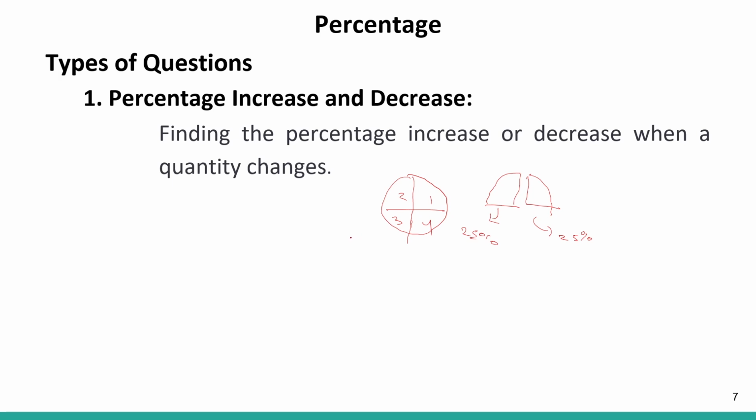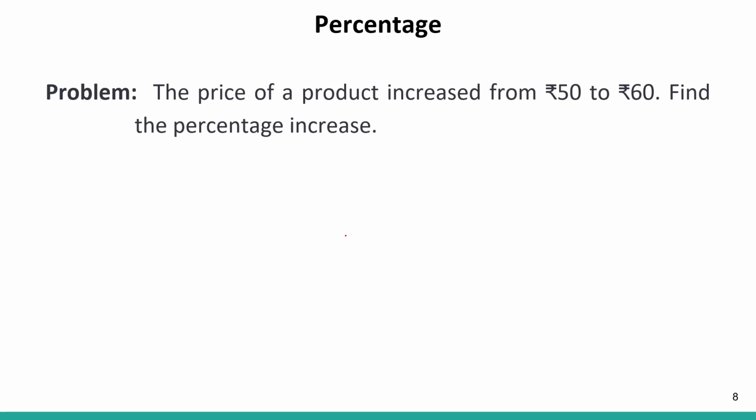So let's see an example on this, so we get a better clarity of thought. The price of a product increased from 50 to 60. So the price was initially 50 rupees, and then it went up and became 60 rupees.